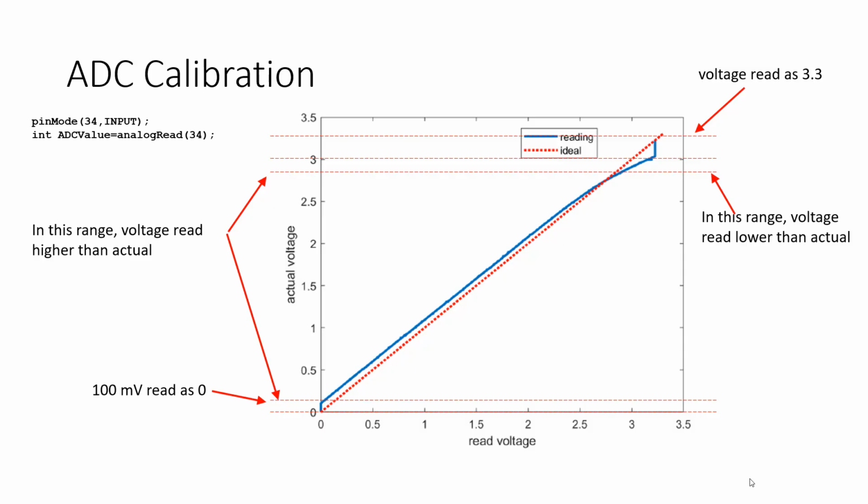So there was this magic crossover point at about 2.7. We had a weird anomaly at 100 millivolts, and a weird anomaly at about 2.7 volts. But for most of the range, between 100 millivolts and 2.7 volts, you're reading something that's lower than it really is, right?